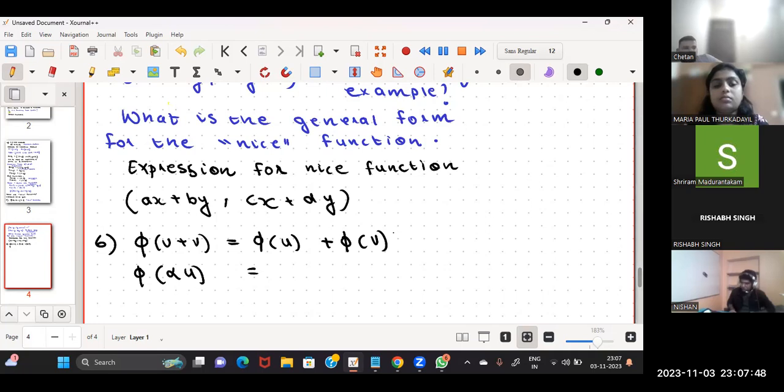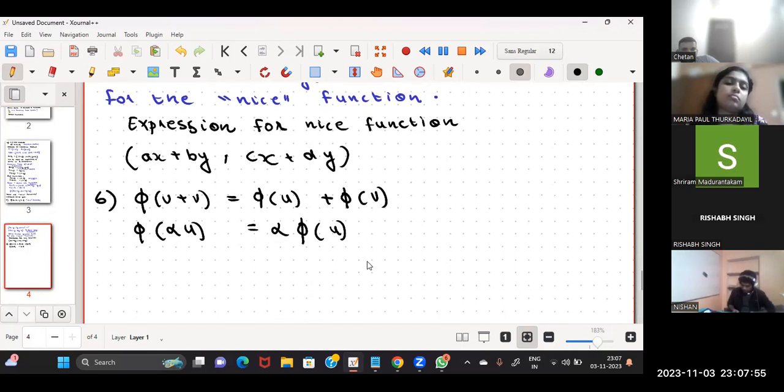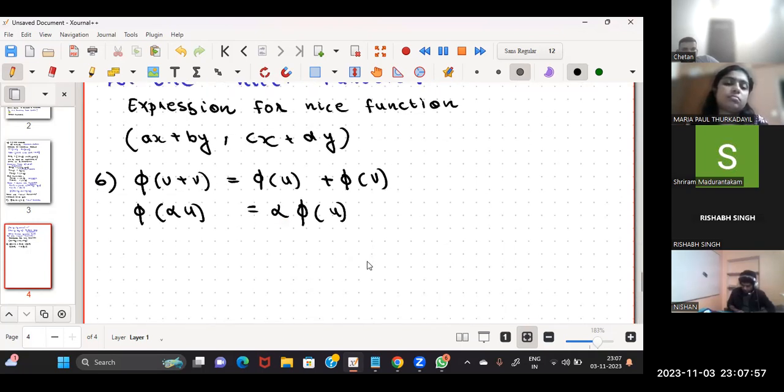Can anyone tell me what you know about these conditions, or what you know about such functions which satisfy these conditions? Anyone?